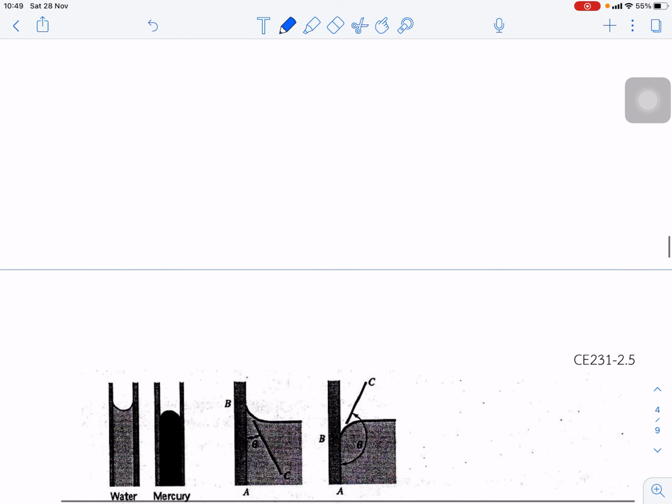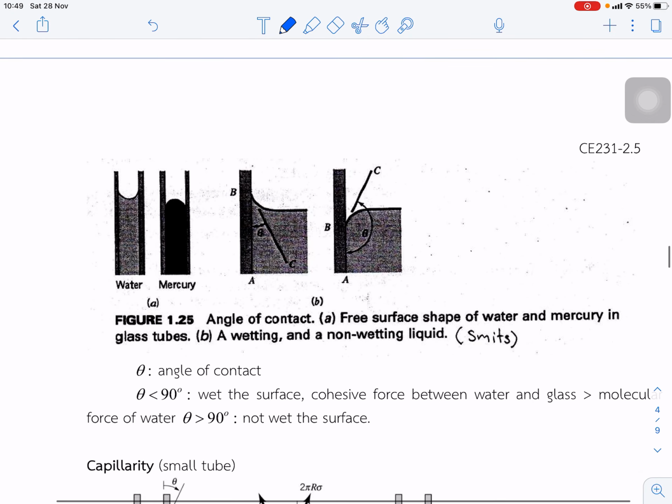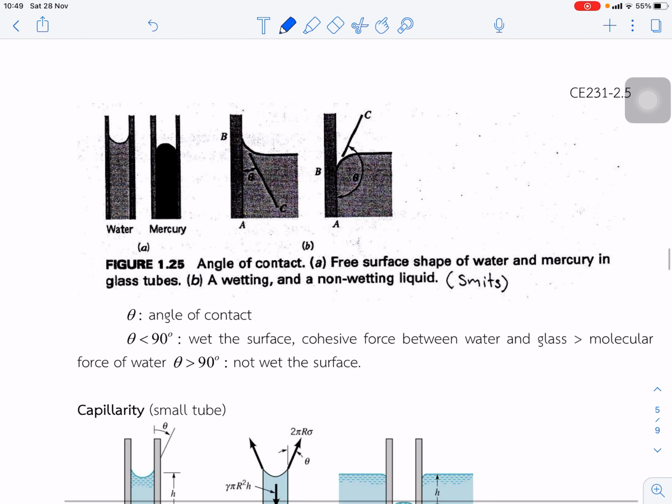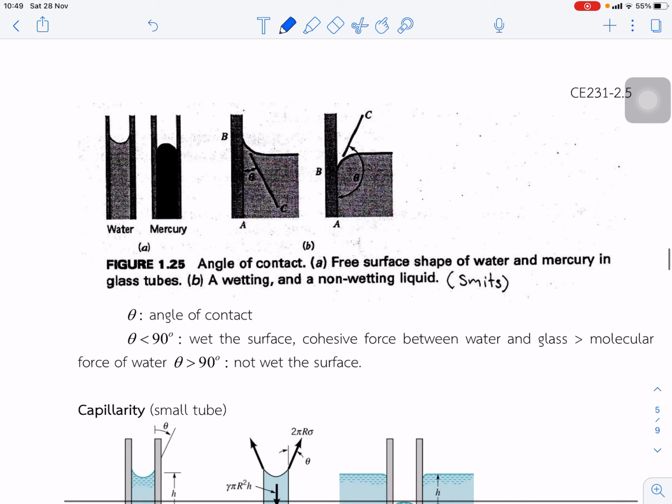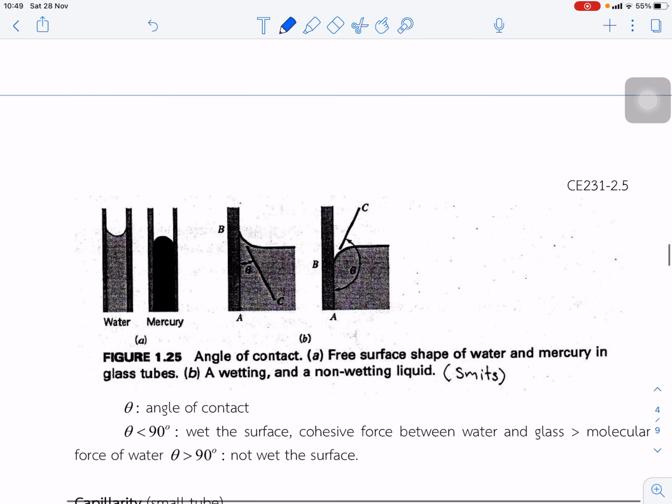The next is about the meniscus, the contact angle between the fluid and vessel. For example, this is the angle.